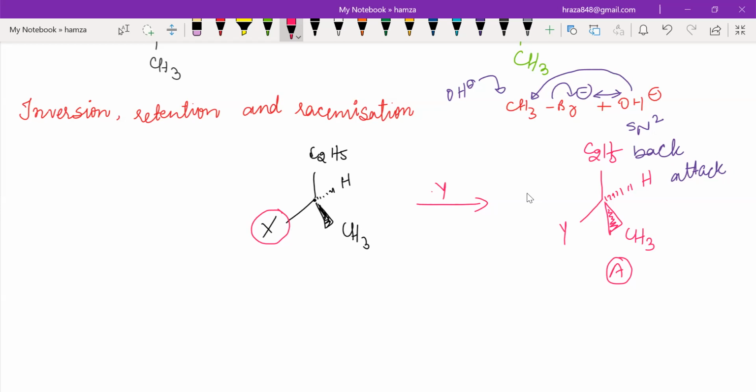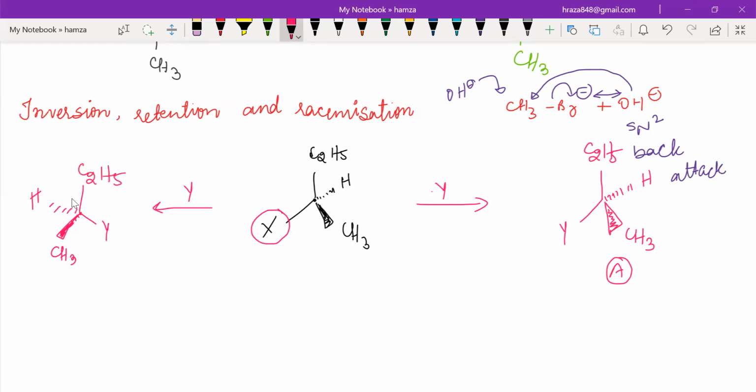But when you are going to react this, it is also possible for Y to come on the right side if it changes attacking side, front side or back side. So this is hydrogen and this is C2H5. Now can you tell me what it is?